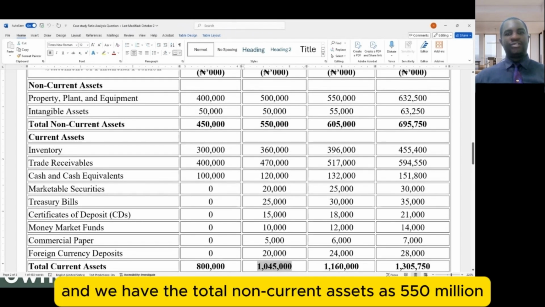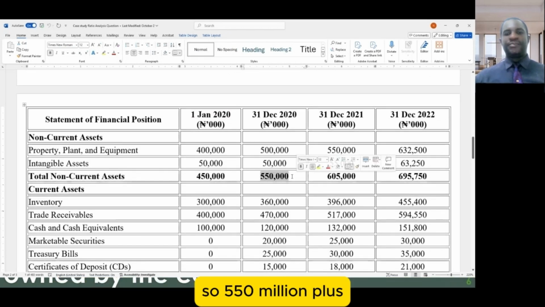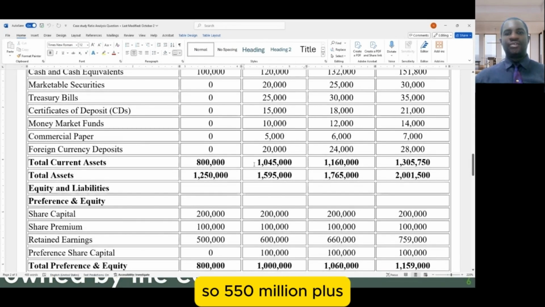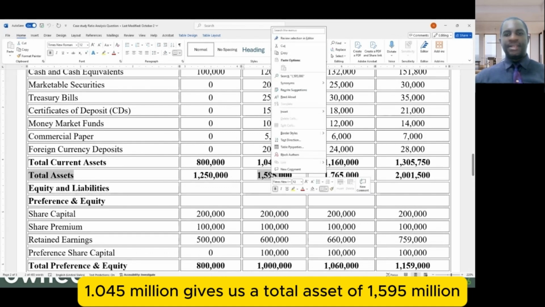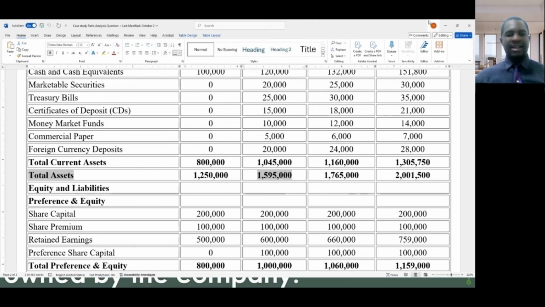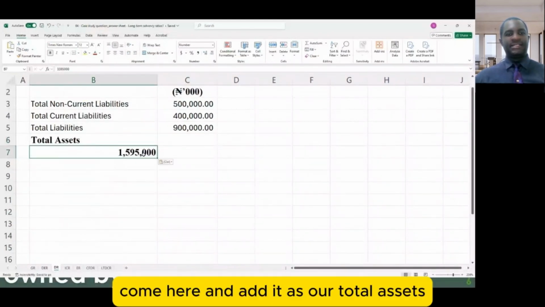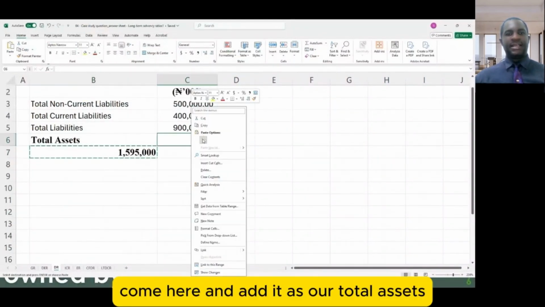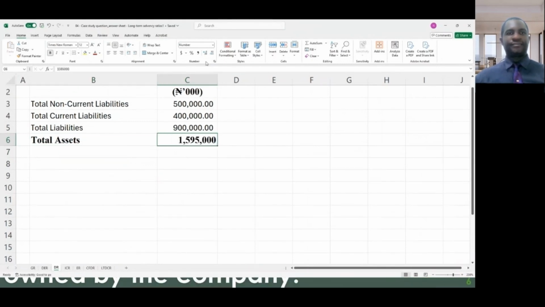And we have total non-current assets as 550 million. So 550 million plus 1,045 million gives us a total asset of 1,595 million naira. So we'll pick that, come here and add it as our total assets.